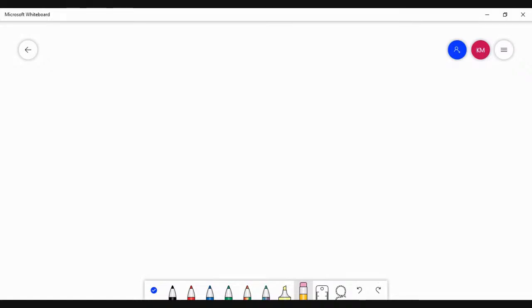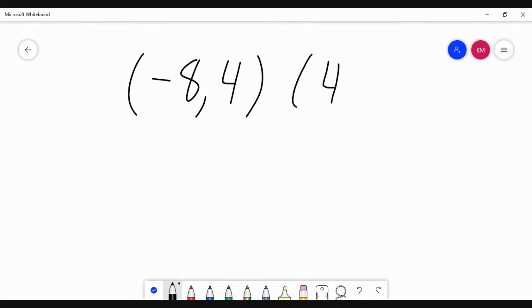Now, what if you have 2 points and no slope? No problem. We can solve this. Going to do negative 8 and 4, and 4 and negative 4.